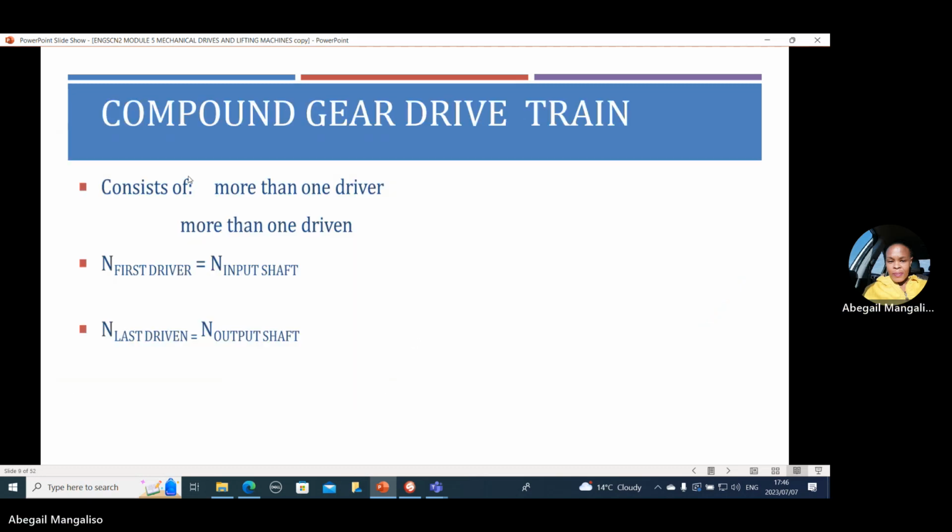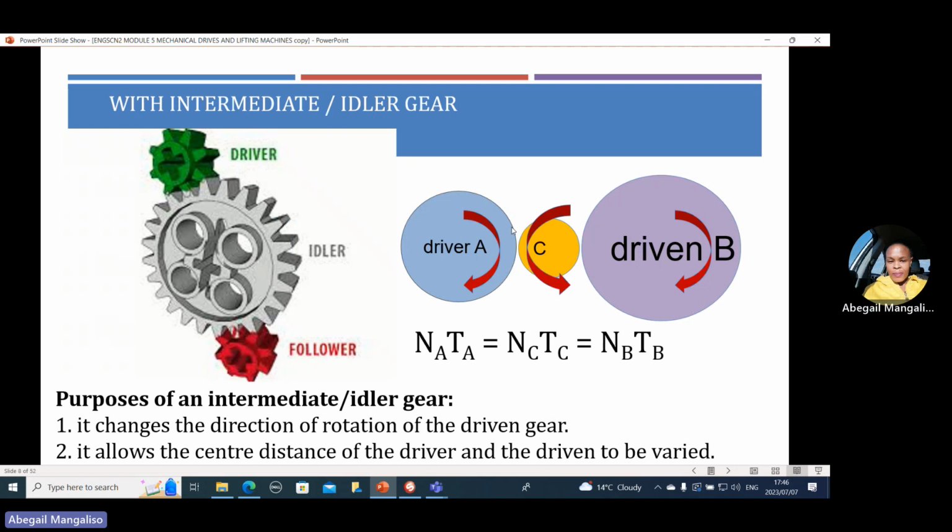We also have a compound gear drive. In a compound gear drive, there will be more than one driver. If you look at this one, there is one driver, it's called an intermediate, and this is a driven.